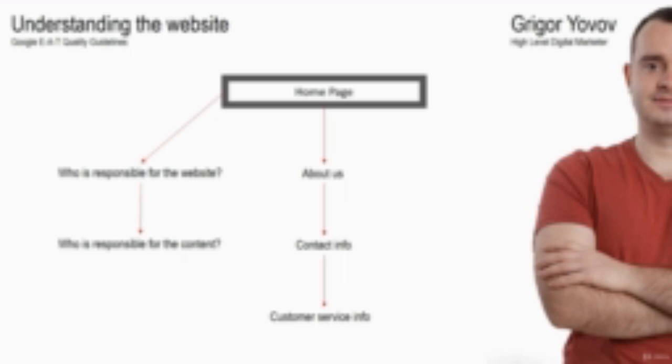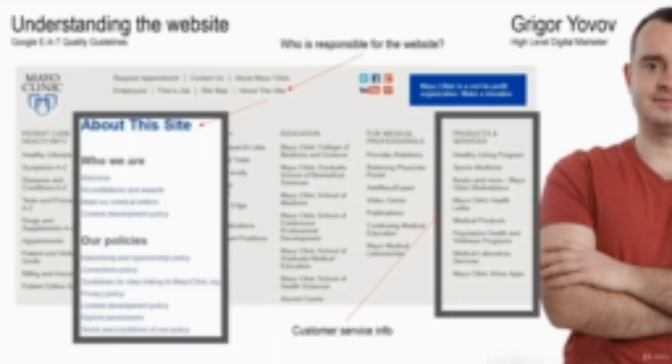Again, I'll give you an example with this clinic website, the YMYL clinic. And on the bottom of the website, you can find this link about this site. And when you open this page, you can see that there is a lot of internal links that have greater information about the website, the accreditation and awards, the medical editors that are creating the content of the website, the corrections policy, privacy policy, reprint permissions, terms and conditions, and a lot of information about the website.